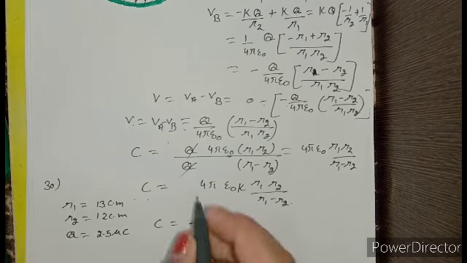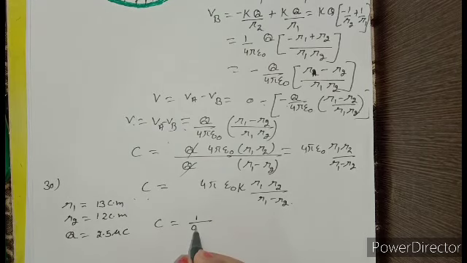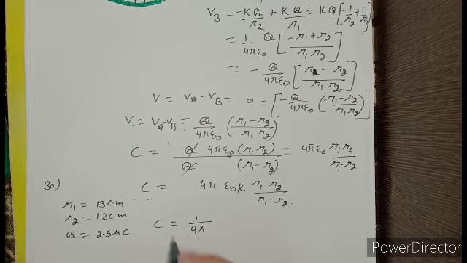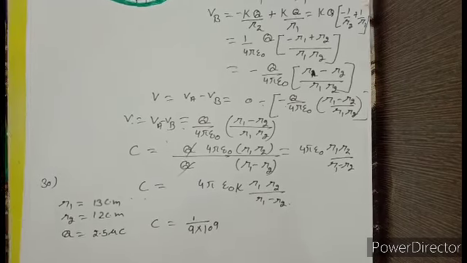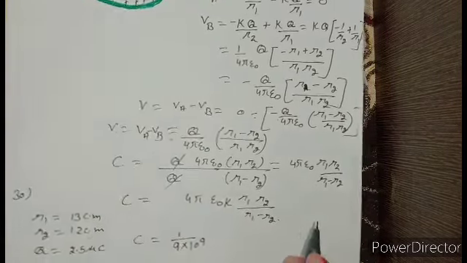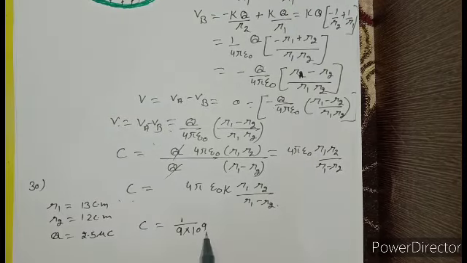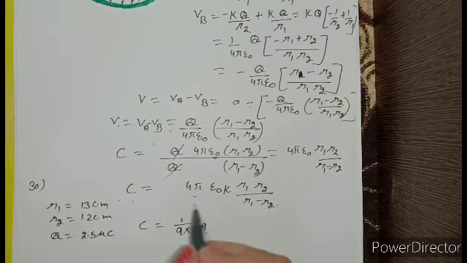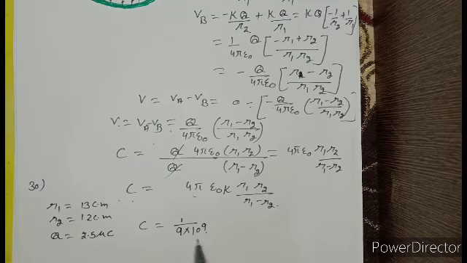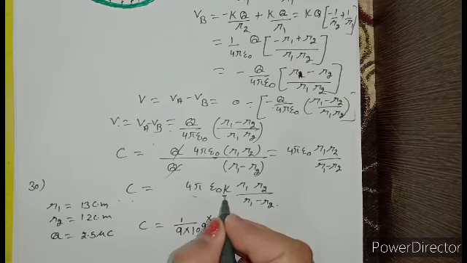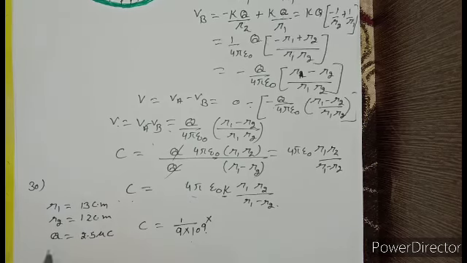1 upon 9 into 10 raised to power 9, because 1 upon 4 pi epsilon naught equal to 9 into 10 raised to power 9, but here we have the 4 pi epsilon naught, so this will become 1 upon 9 into 10 raised to power 9 with the dielectric constant K is 32.